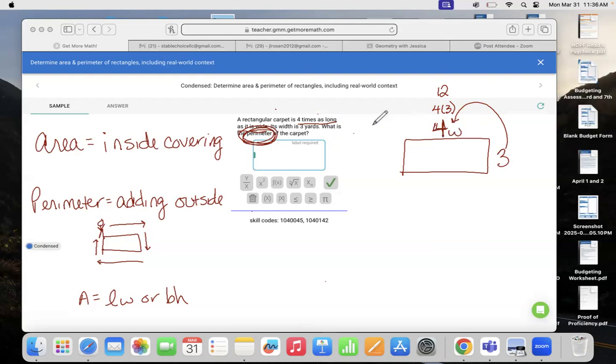And then to find the perimeter, I've got to add them all up. So 12 and 12 is 24. 3 and 3 is 9. And I'm just going to add those together and get 33. Let's see. And it doesn't give me, oh, yards. So it's 33 yards all the way around.